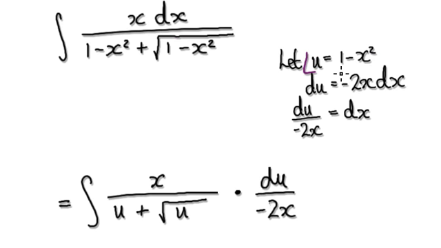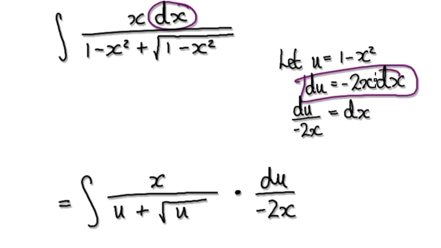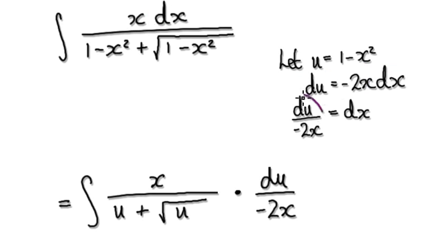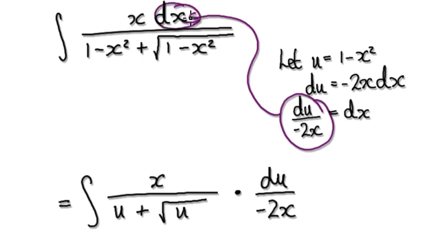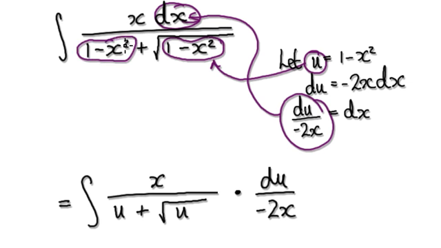So if u equals this thing here, differentiate both sides. That will then take you to this. You ultimately want to replace this dx here. So rearrange this to make dx the subject. So dx equals this thing here. So now we can put this into the dx. The u here, we can put it into this bubble here. And then this bubble here, we can put the u into here.